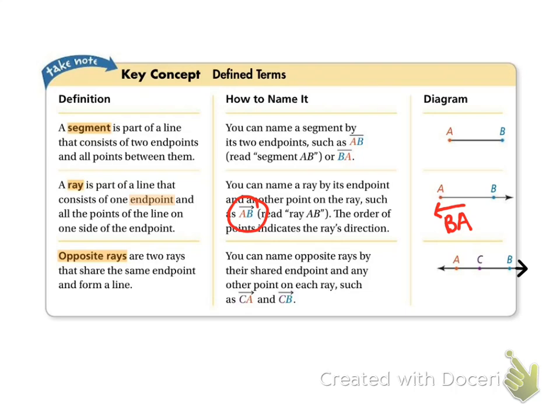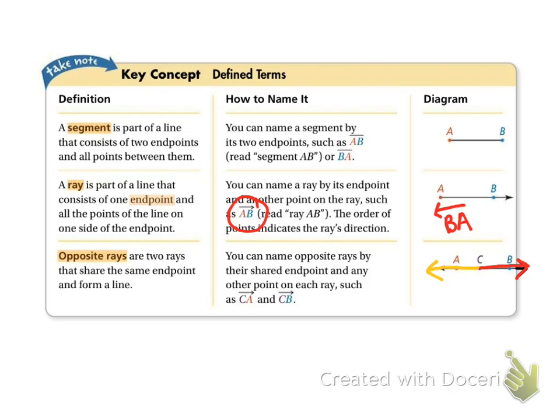And then opposite rays are a special case of rays. These rays share the same endpoint and form a line because they go in opposite directions. So here we have ray CB, I'll put in red, and then in this yellowish orange, I'll put ray CA. Do you see how they meet together at that one point, at point C?